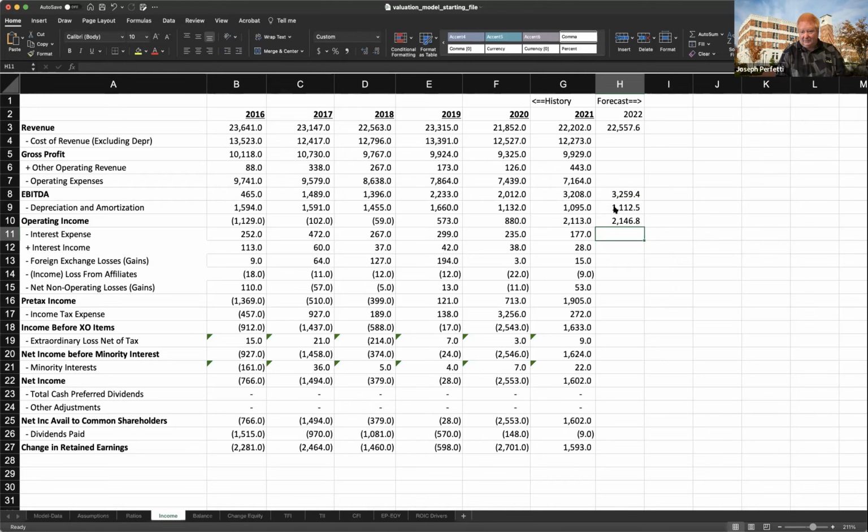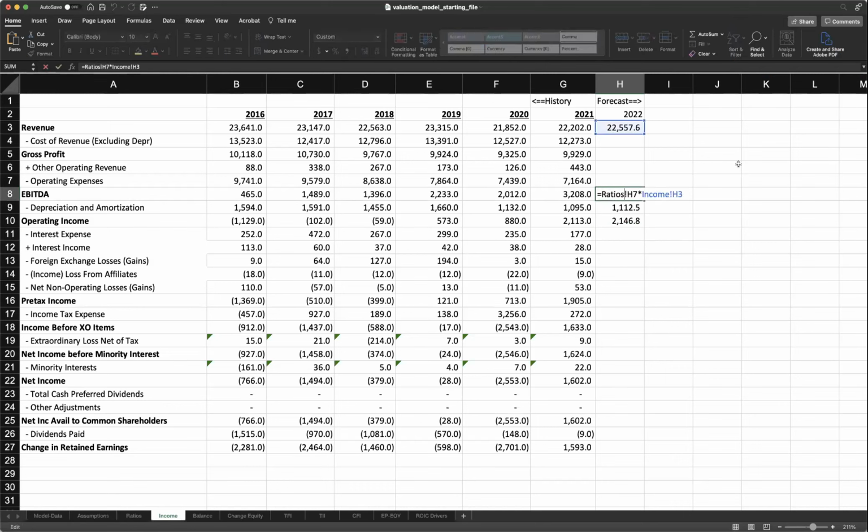Questions? Yeah, can you repeat how you got the formula for EBITDA forecast? So EBITDA for 2022 equals ratios H7, which is EBITDA as a percentage of sales, times income H3, which is 2022 sales, 2022 revenue.